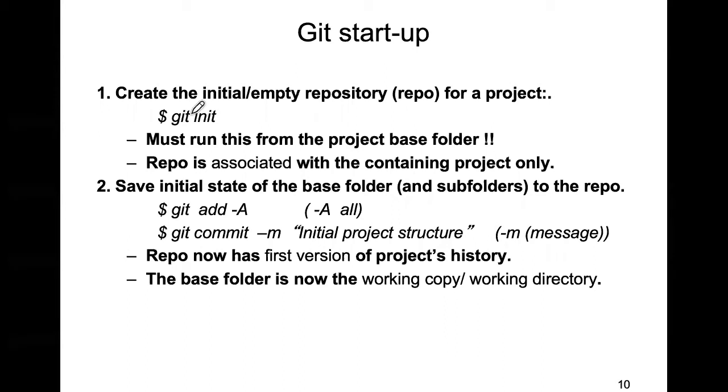Empty in the sense that it has no copies of our files and folders, but it has lots of stuff already in it. Then we typically commit the initial version of our project structure to the repository, and there are two commands that you need to submit in order to do that. When you've submitted these two commands, we now say that the repository has the initial version of your project files and folders.